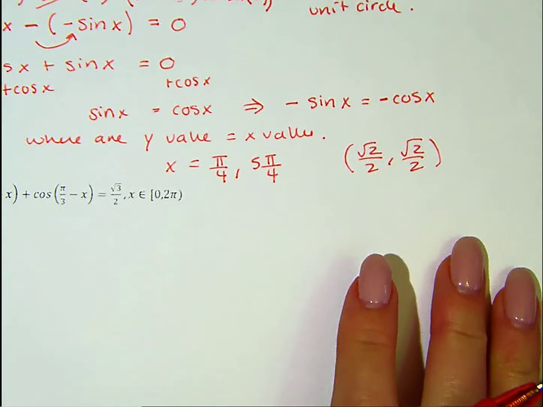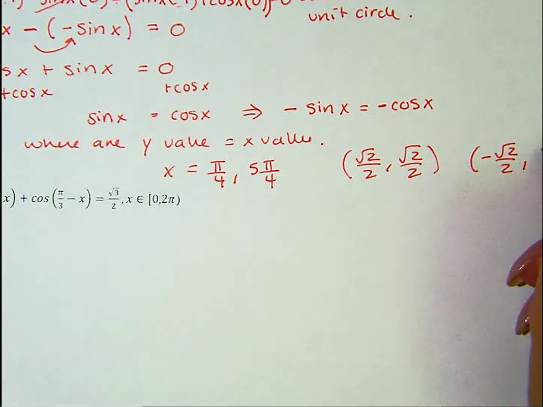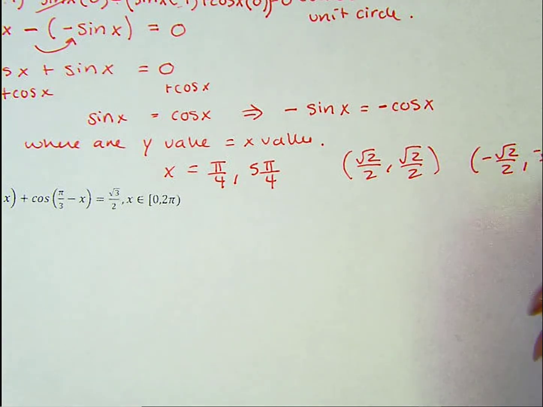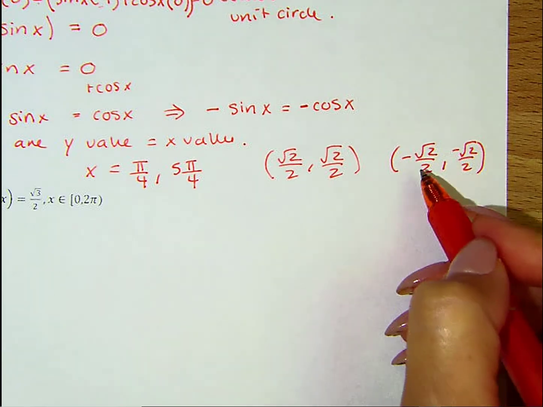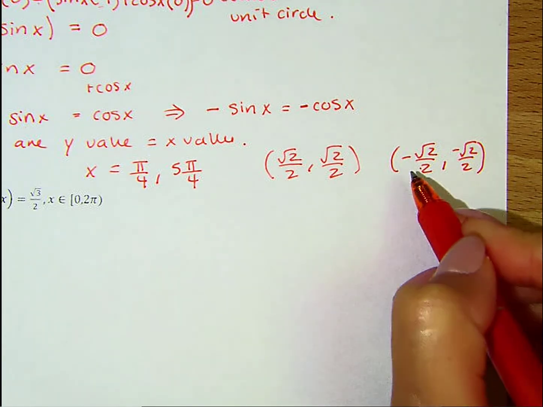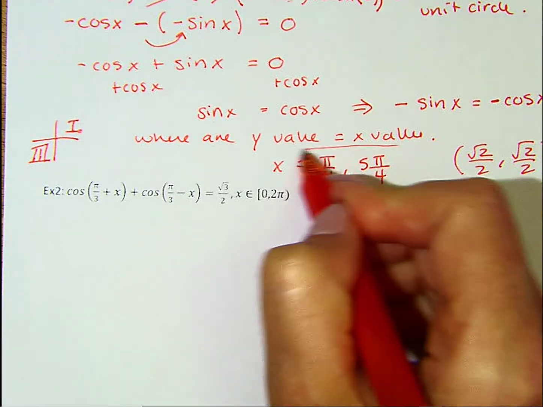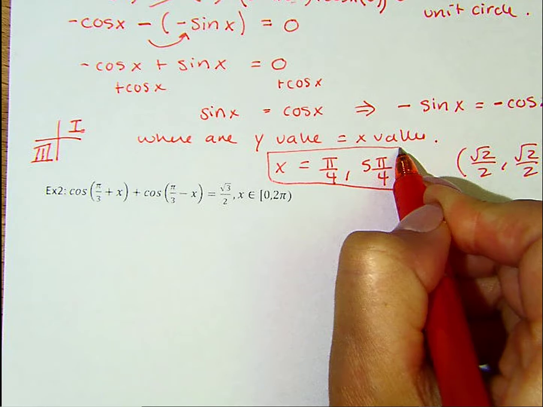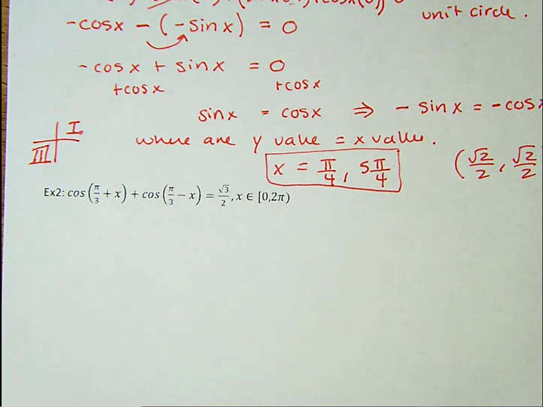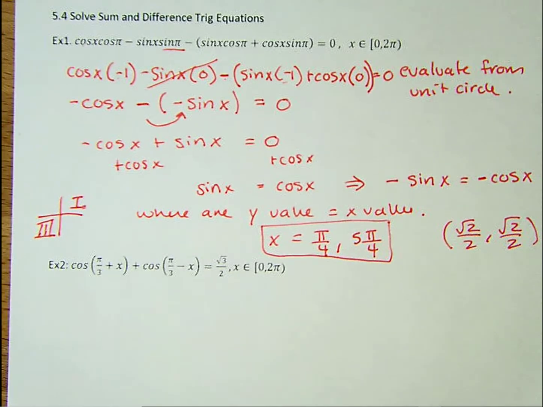At 5 pi over 4, we have negative root 2 over 2 and negative root 2 over 2. Sine is equal to cosine, cosine is equal to sine. And those are our two answers between 0 and 2 pi.